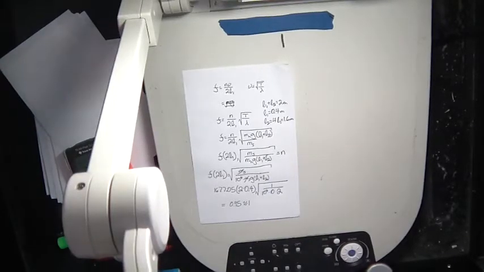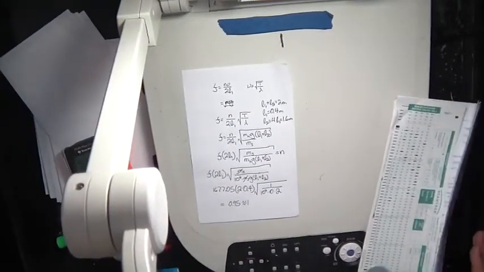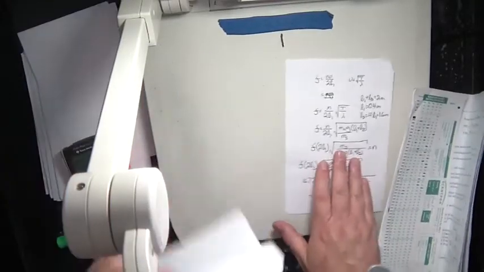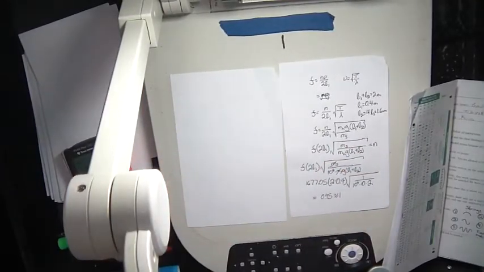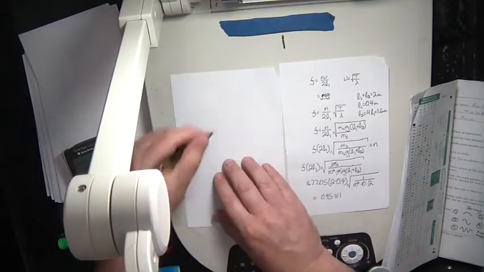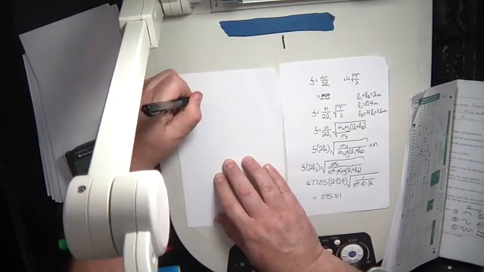Let's take a look. I may be looking at something that isn't. Oh, do you know what it is? I know what it is. Hold on. Let's work at this.